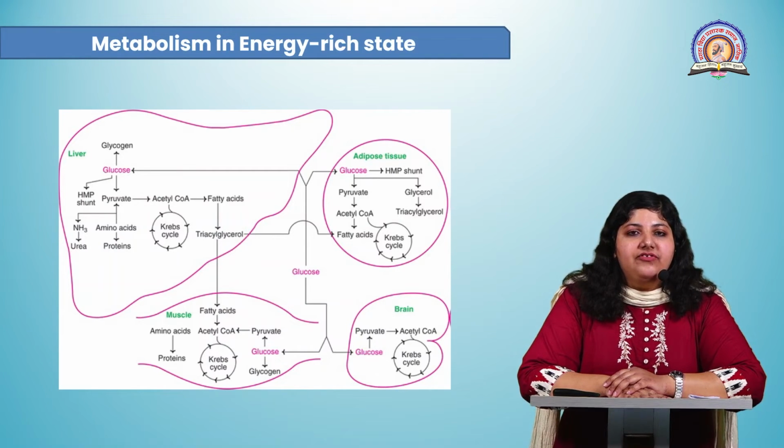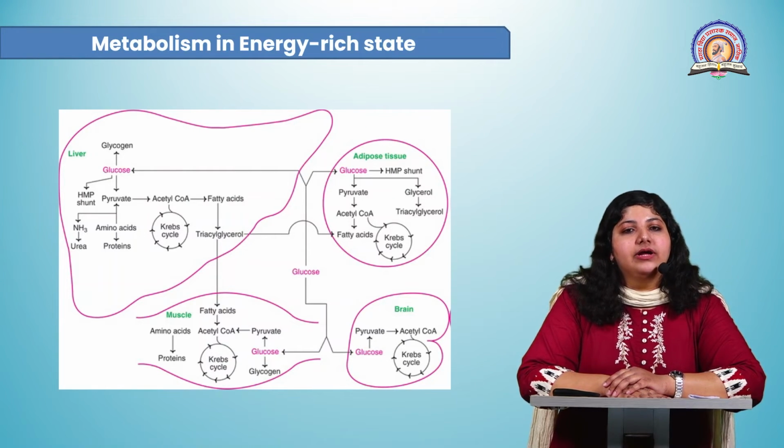During the energy rich stage, that is the well fed stage, when energy is in high amounts, it is indicated by the hormone insulin. Glucose, which is obtained from the food we eat, is transported by the different transporters present in the intestine and body, and it is taken up by blood. So from the bloodstream, these different organs take up glucose.